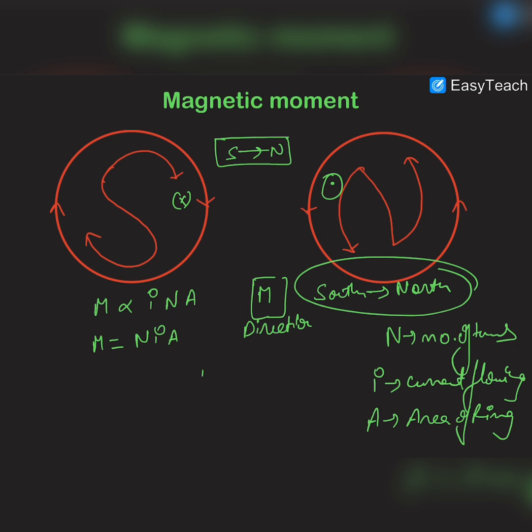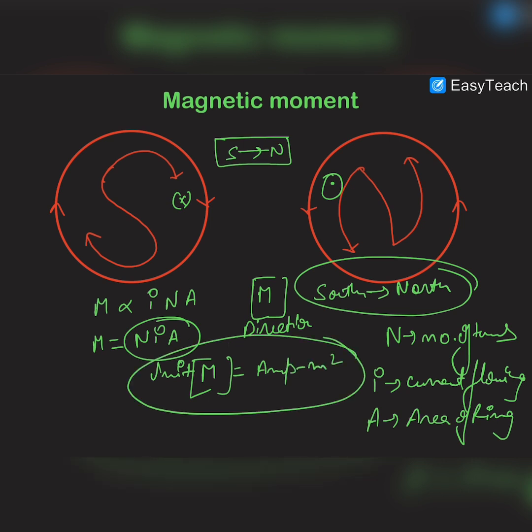And the unit of M is NIA, where N is a unitless quantity, I is current, so it is ampere, and A is the area, which is meter square. So the unit of magnetic dipole moment is ampere meter square, and its direction is from south to north.